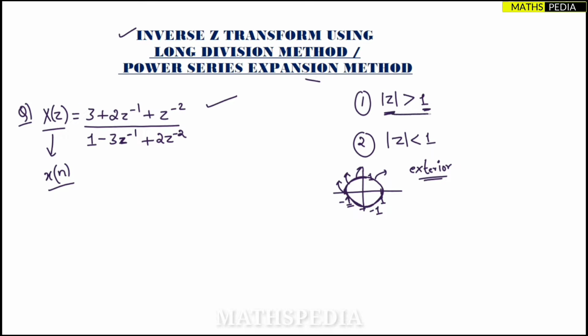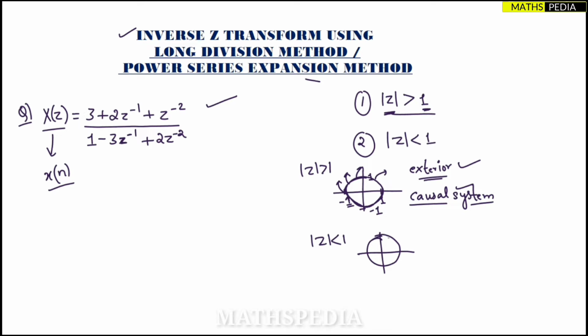Mod z greater than 1 is also called a causal function or causal system. This is very important: the exterior of the unit circle and causal system. Now let us go for mod z less than 1, where we have the unit circle.